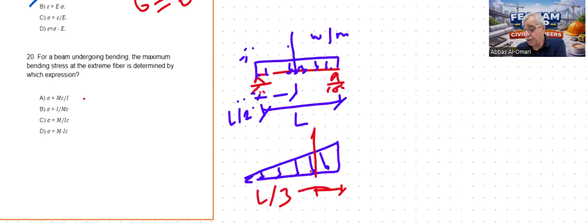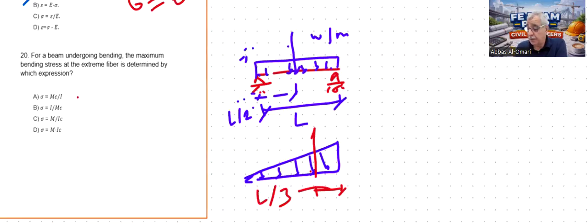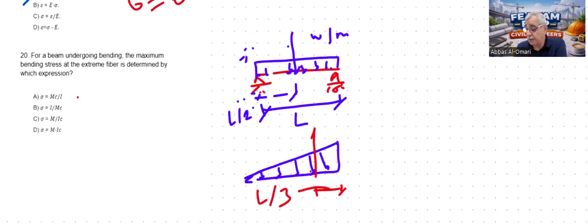The relationship between the stress and the moment is MC over I. Sigma equals MC over I. This is a very well-known formula in determining stress. Let me just explain this formula.